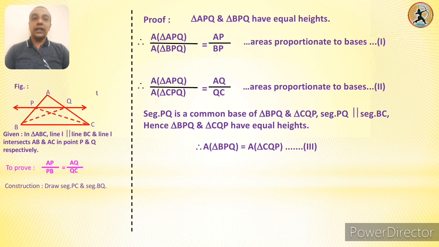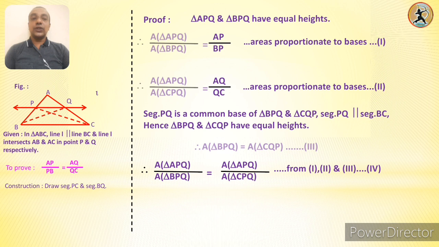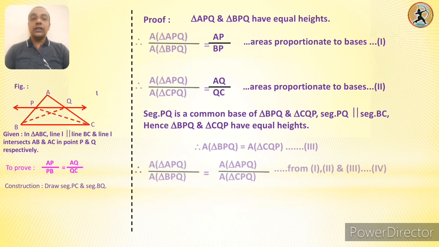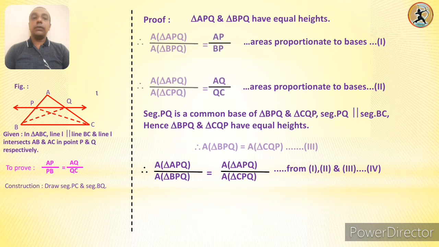Indirectly we prove that the left hand side of the first equation and the left hand side of the second equation are equal, and therefore the right hand sides are also equal. Therefore we can say that AP upon PB is equal to AQ upon QC from the first, second and fourth equations.